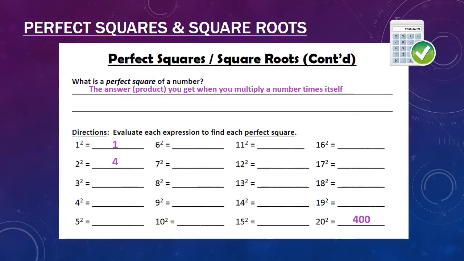3 squared, or 3 times 3, is 9. 4 squared, or 4 times 4, is 16. 5 squared, or 5 times 5, is 25. 6 squared is the same as 6 times 6, which is 36.